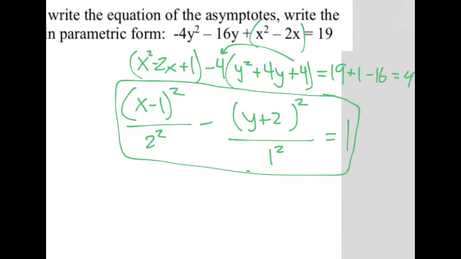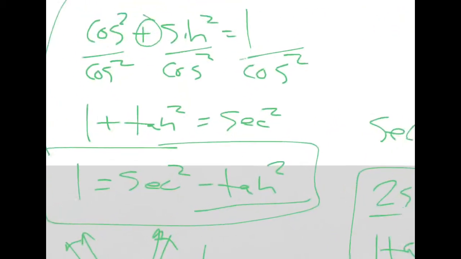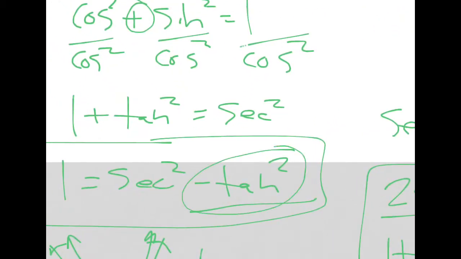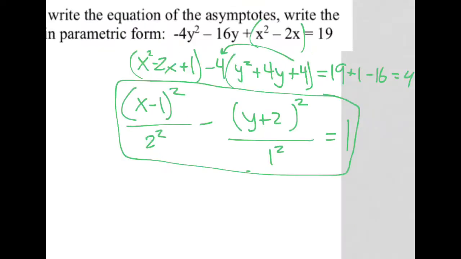I'm going to go ahead and put this into parametric form. Remember from that last problem, tangent is the negative 1, secant is the positive 1. So that tells me that tangent needs to go with y.